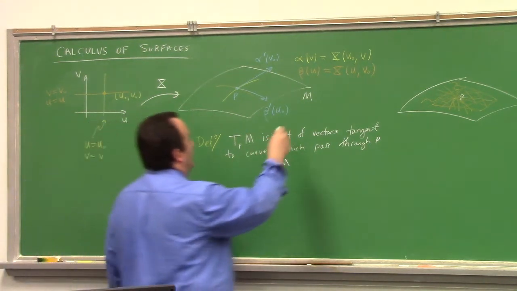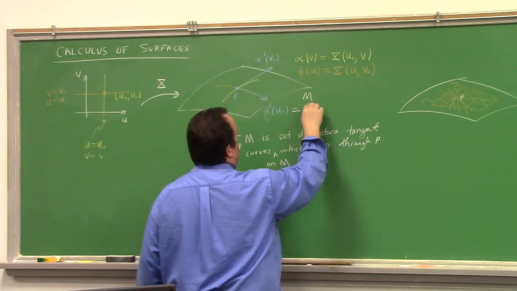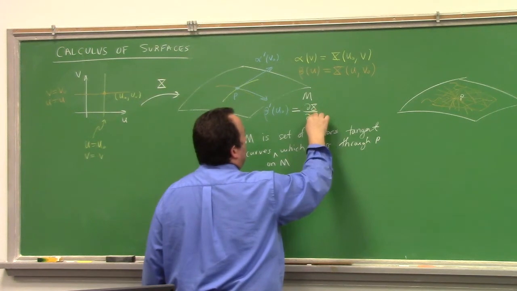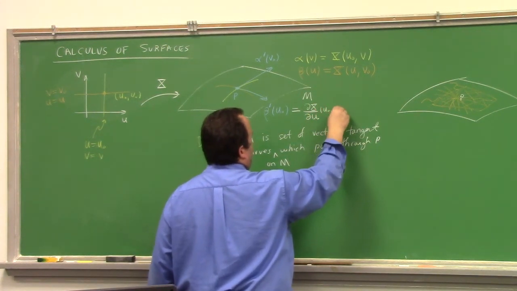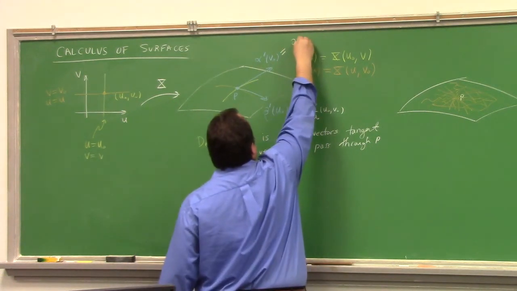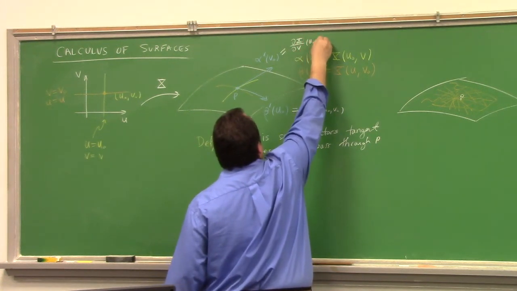By the way, I should mention this actually has a special name. This is partial x, partial u at u naught, v naught. This guy is partial x, partial v at u naught, v naught.